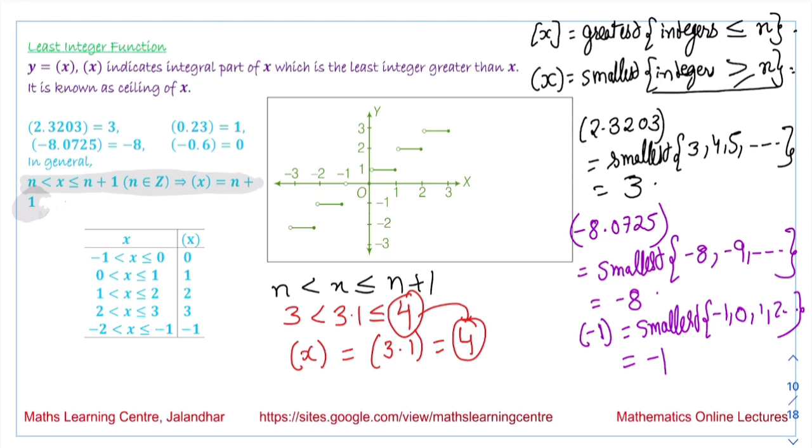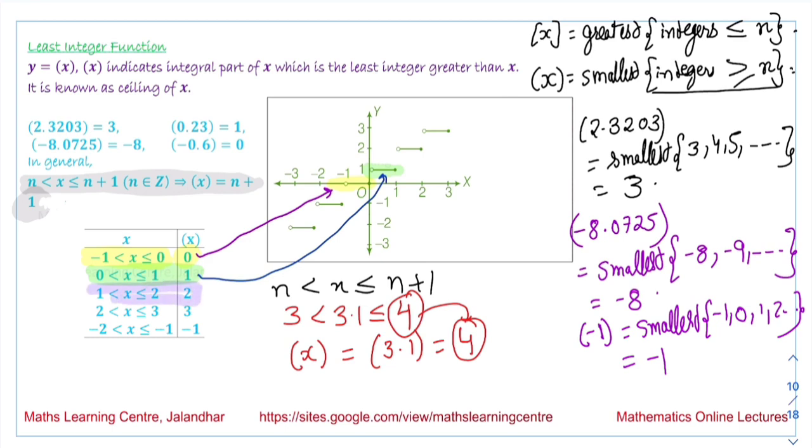So we have listed some values over here, that if the value of x lies between 0 and 1, 0 is included, then the answer we have is 0. So this thing is plotted over here in this graph. Next we are saying if the value of x lies between 0 and 1, with 1 included and 0 excluded, the answer we obtain is 1.